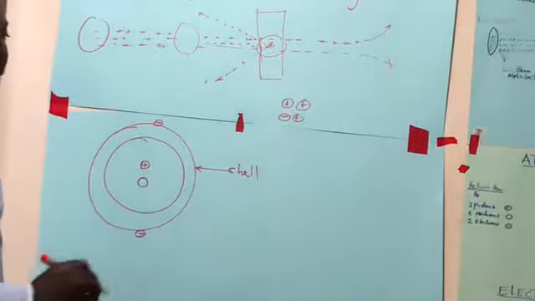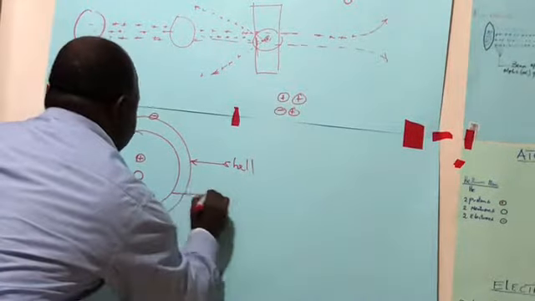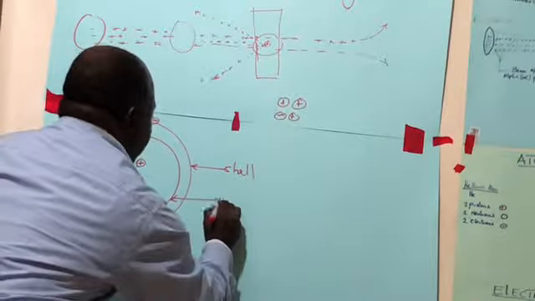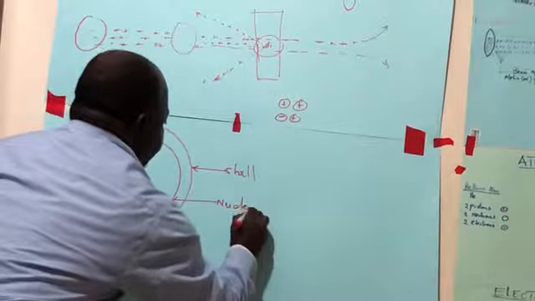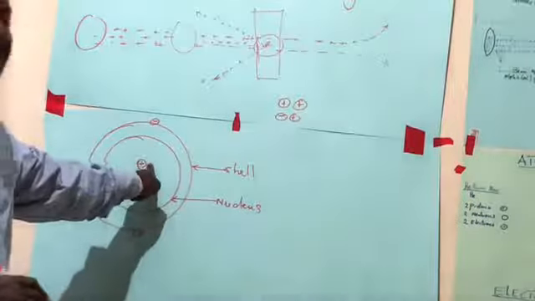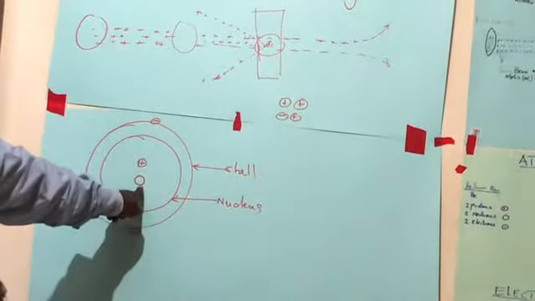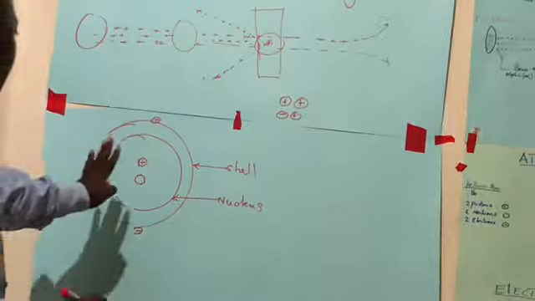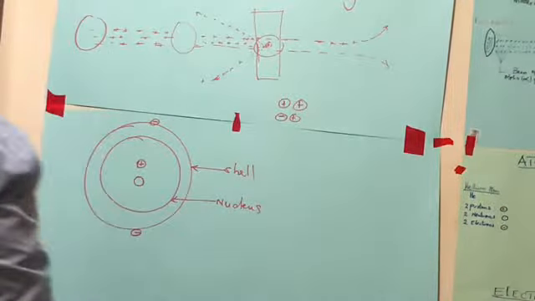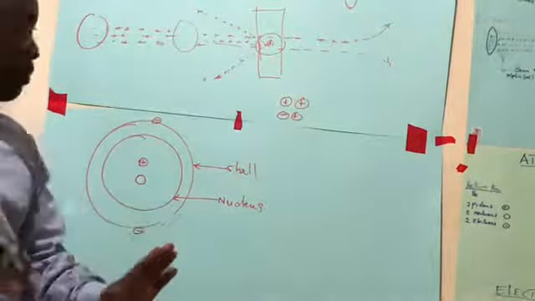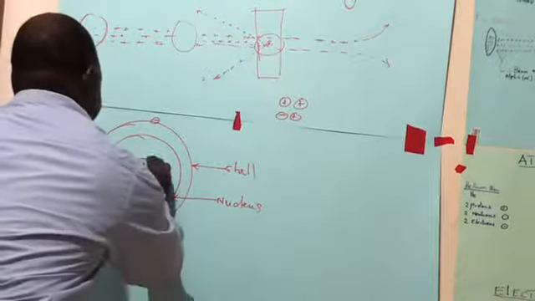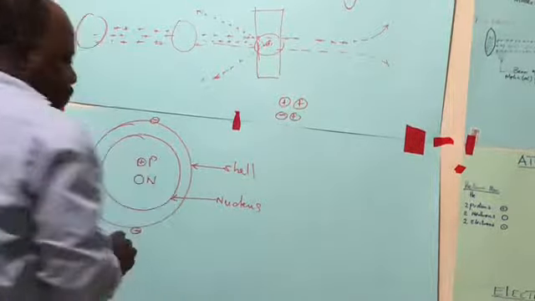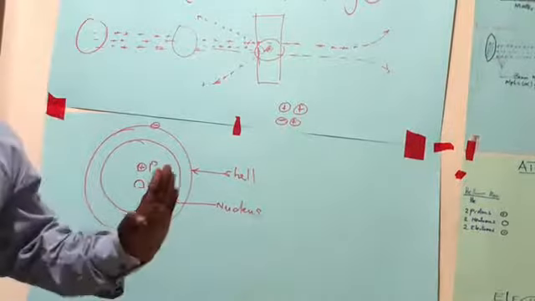He also named this the nucleus that contains the protons and the neutrons. He concluded the nucleus is positively charged because of the protons, while the neutrons have no charge.